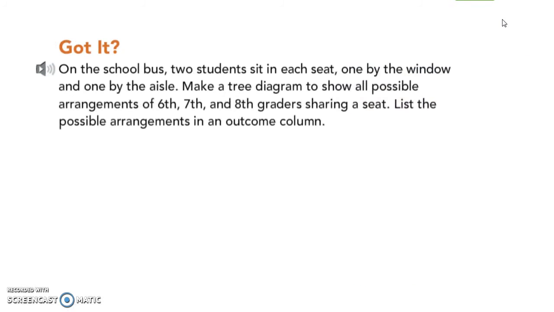We practiced these when we did this the first time. It hasn't been that long ago. Remember, for the tree diagram, you would just give all the possible options. There's 2 seats. So for seat 1, I could have a 6th grader, a 7th grader, or an 8th grader.